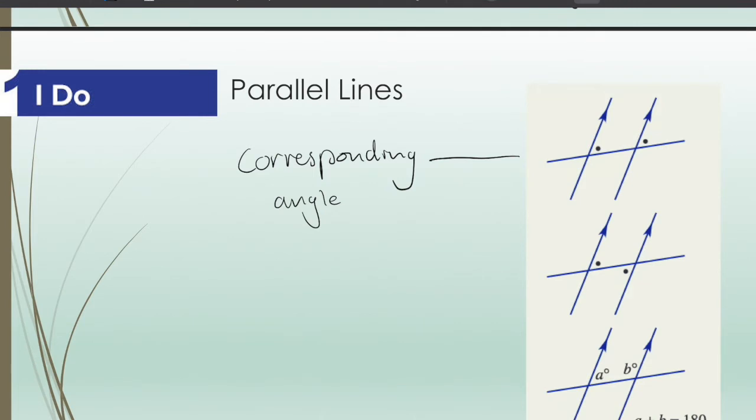What you can think of when you're thinking about corresponding angles is you can think about the letter F. If we follow these here, we've made a letter F where the 2 angles inside the F are the same. And we can draw these in a lot of different ways.